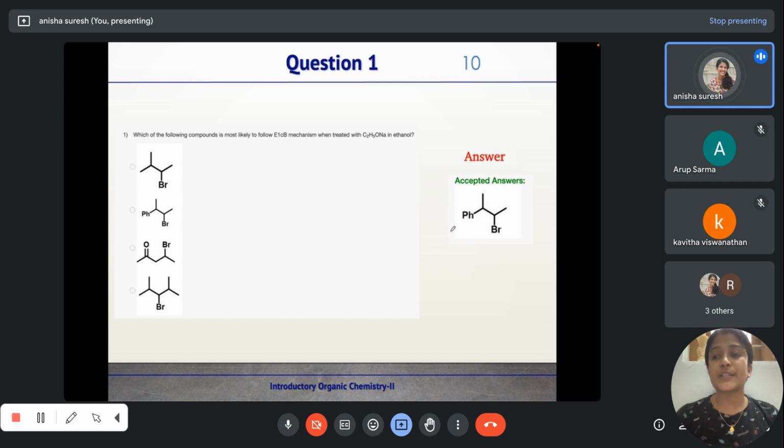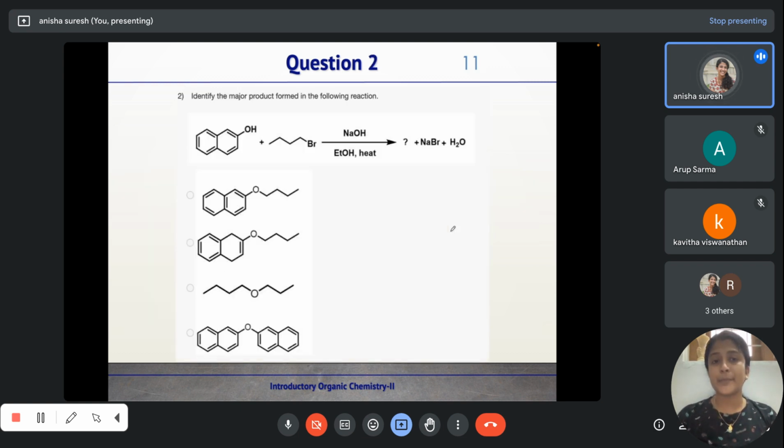Now coming to question number 2. Is question number 1 clear to everyone? I hope it is clear. Now coming to question number 2. Identify the major product formed in the following reaction.